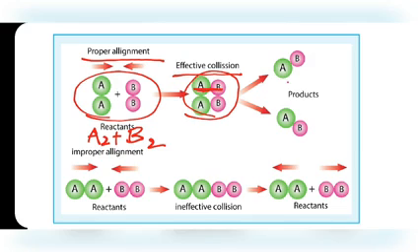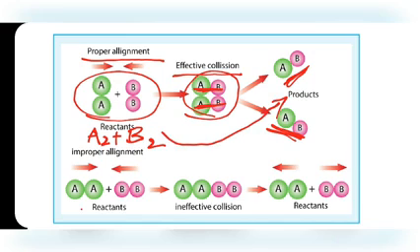This A takes B, so one product is formed, and this A takes B, so another product is formed. So all colliding molecules will not convert into product. They possess some minimum energy, but if they contain minimum energy, that alone will not convert them into product. They must approach with proper orientation. Only then will they convert into product.